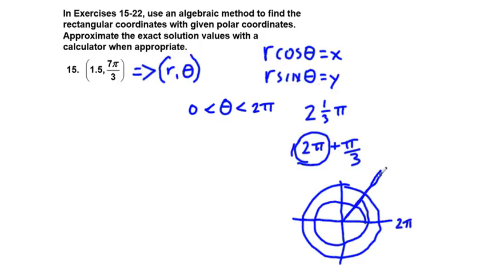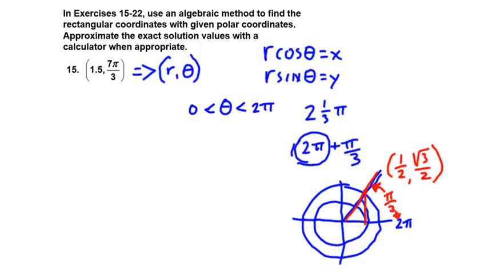So we're going to end up in the same place, or have the same terminal angle as an angle that has a measure of pi over 3, which is equivalent to 60 degrees. Okay? And so basically we're looking at the cosine and the sine. The cosine, along the unit circle anyway, is going to be 1/2. And the sine value, which is the elevation, is going to be square root of 3 over 2.